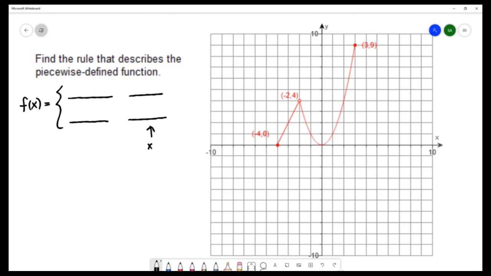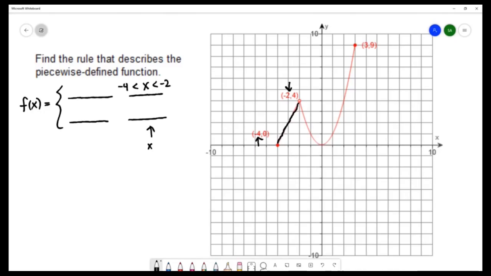So looking at the straight line, the x starts at -4 and stops at -2. So x is going to be between two numbers. So we're going to write that as x being in between a -4 and a -2.